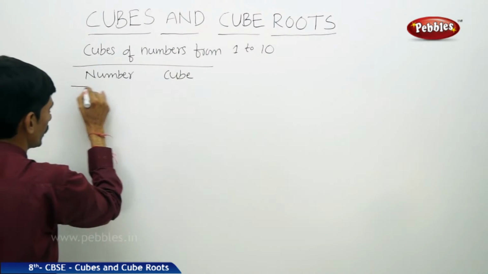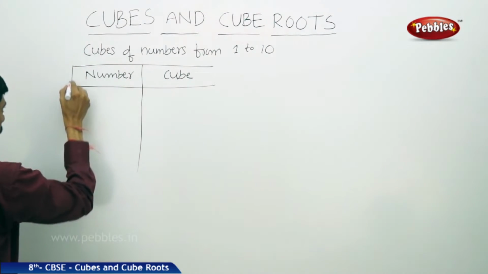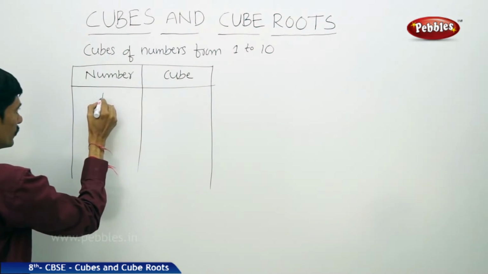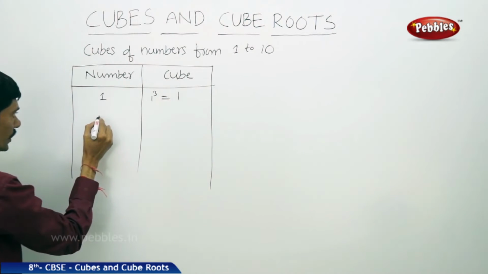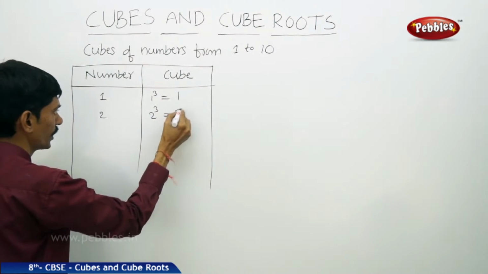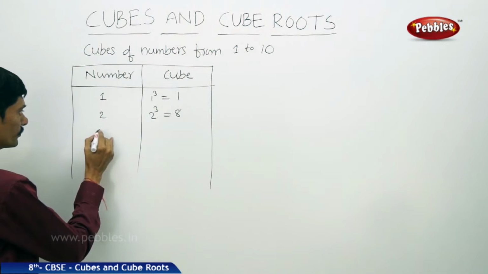What is the first natural number? 1. So its cube, 1 cube equals 1. The second natural number is 2. Then we can write 2 cube equals 8, meaning 2 is multiplied 3 times, then we get 8.